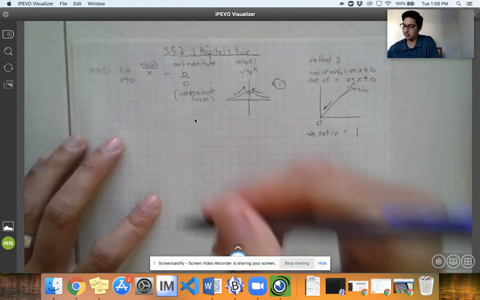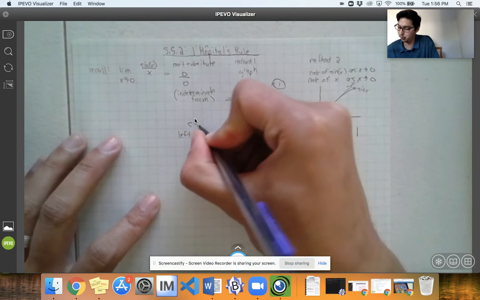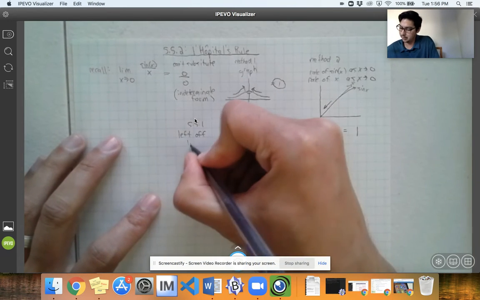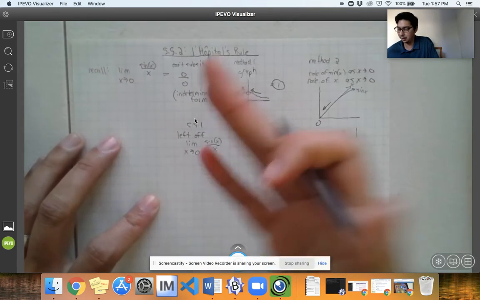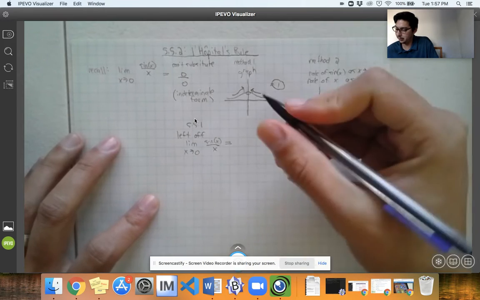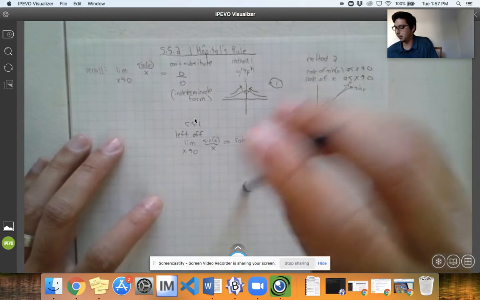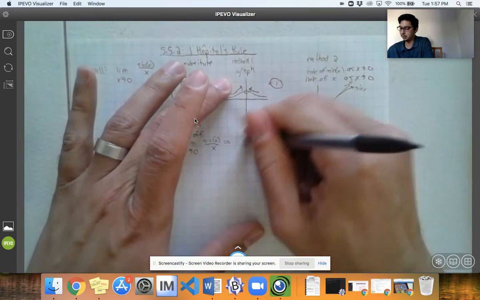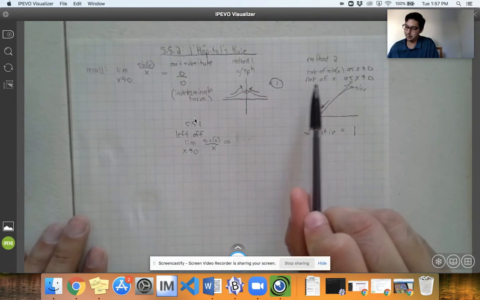So where we left off at 5.5.1 was the idea that the limit as x approaches 0 of sine of x over x, we think we can get by calculating the rate of the top divided by the rate of the bottom.